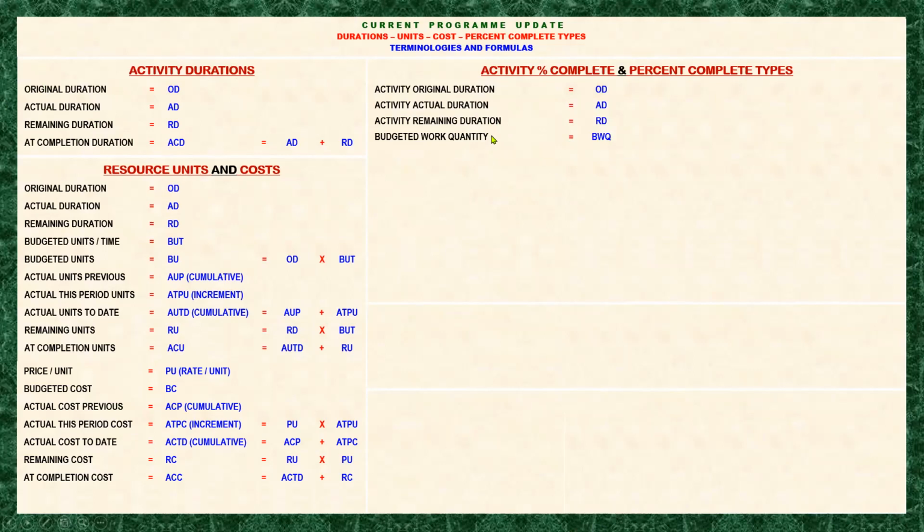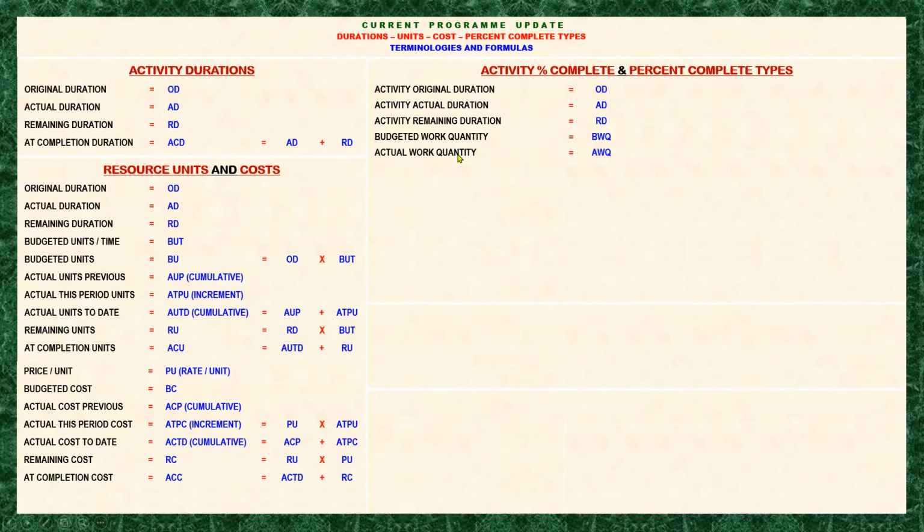I explained to you already what the budgeted work quantity is. The example for that, let's say, in site clearing, we are required to clear the site for a quantity of 100 hectares. That is what I mean by the work quantity.